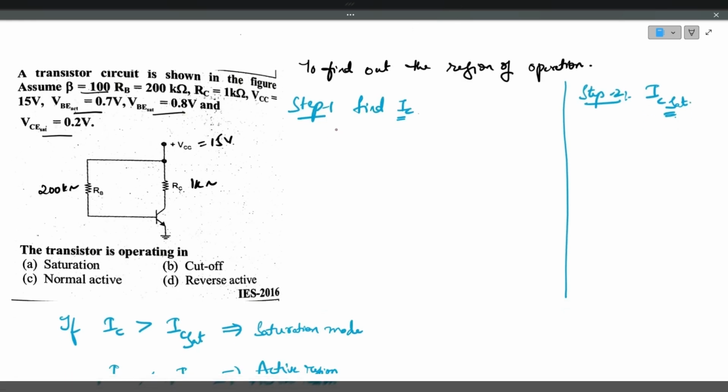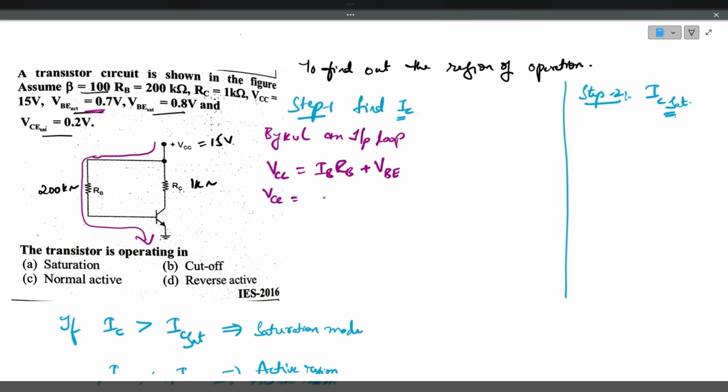Step one. How to find out the collector current? By applying the Kirchhoff voltage law in the input loop, you can write VCC is equal to IB RB plus VBE active. We have to take the active value 0.7.